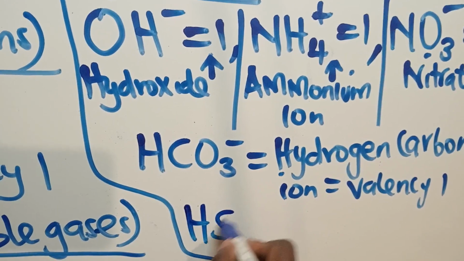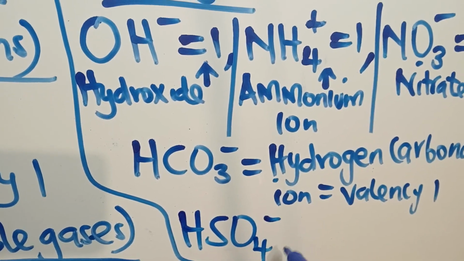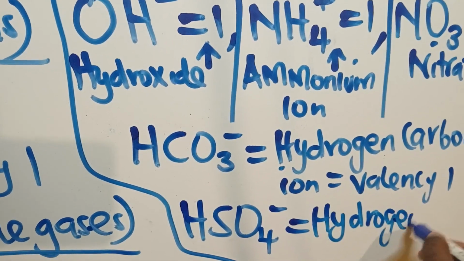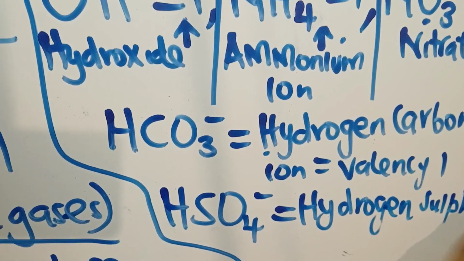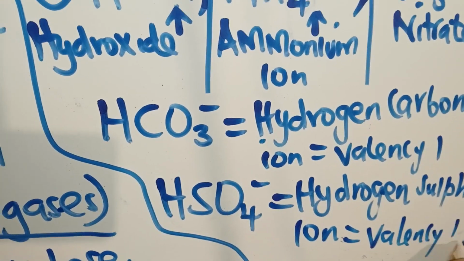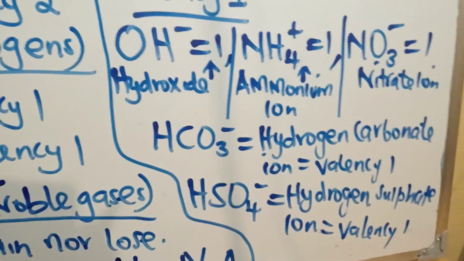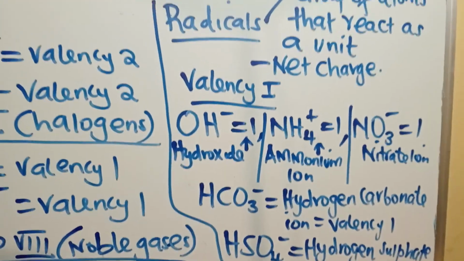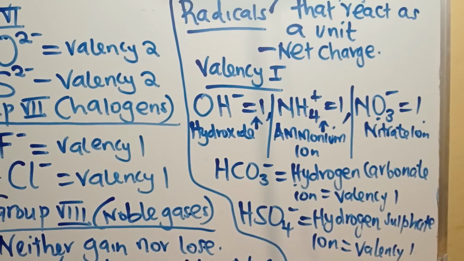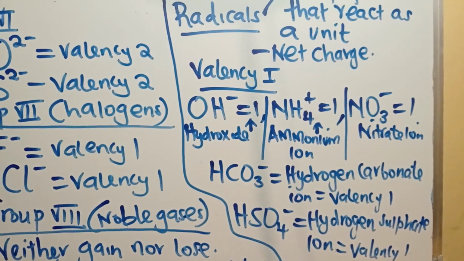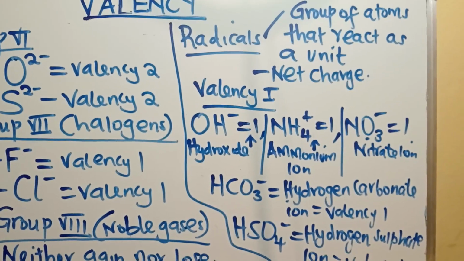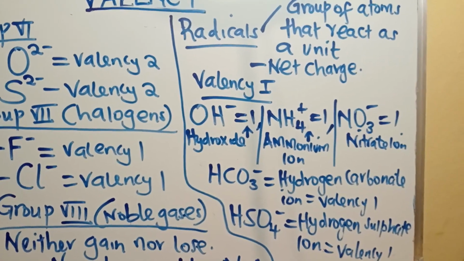So hydrogen sulfate ion with a negative charge again has a valency of 1. So those are radicals. They are usually a group of atoms. In each case, we have more than 1 atom combining, and they always react as 1. Reacting as a unit means they react as 1.